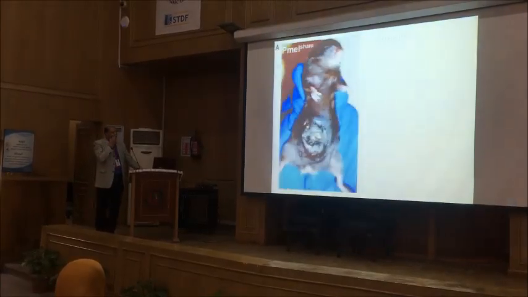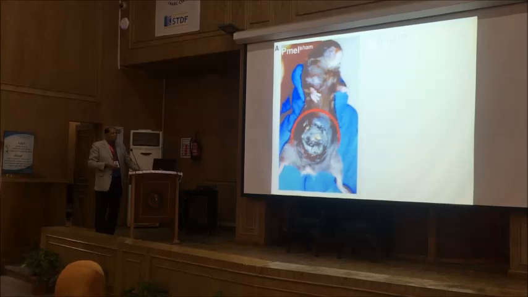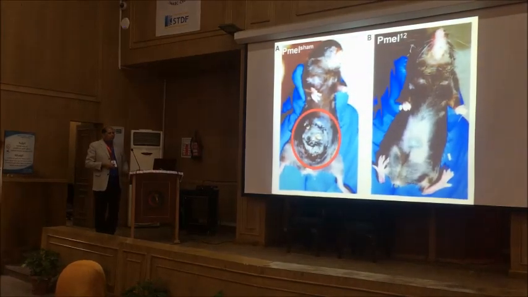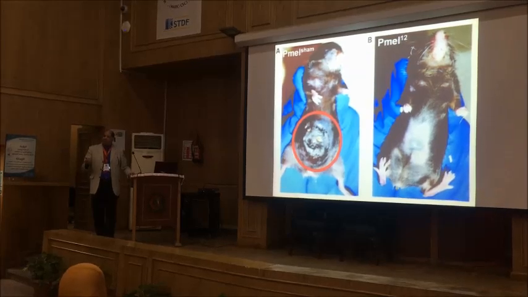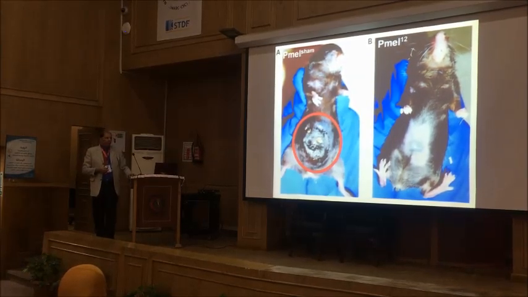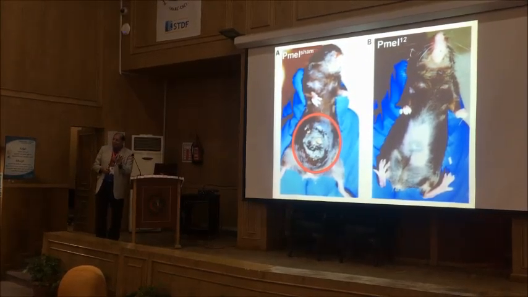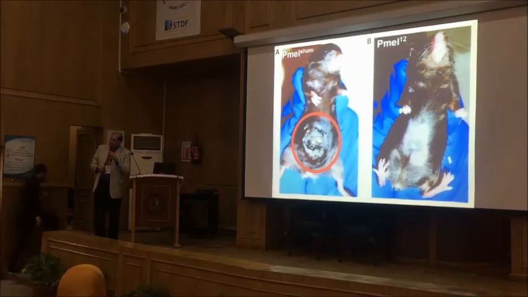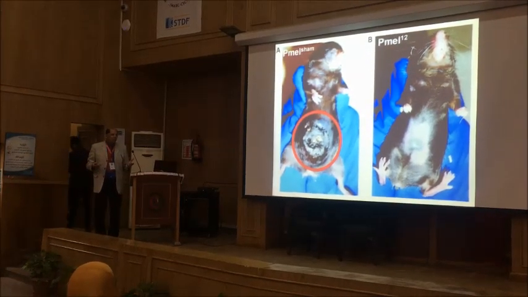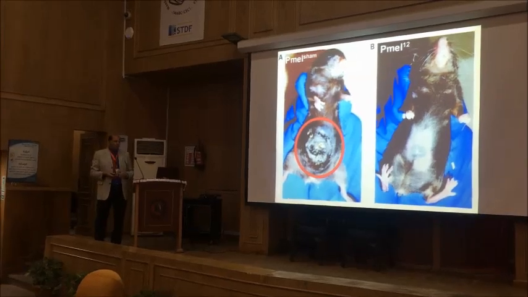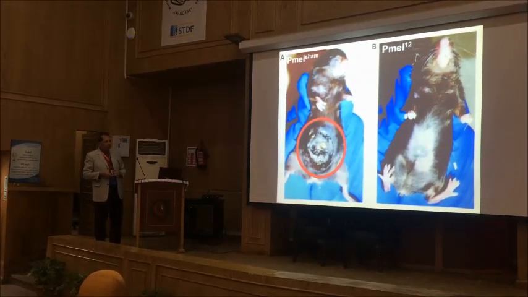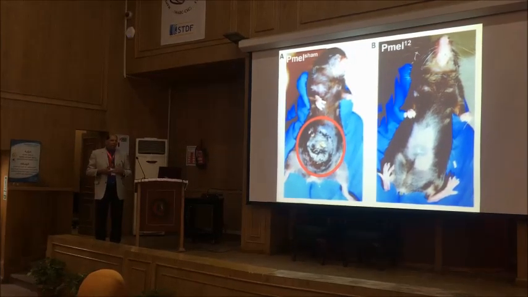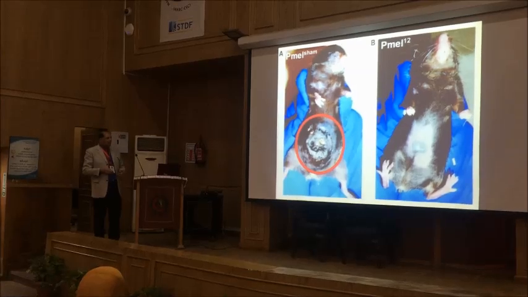This is just representative data, because we use the B-mel model, and gp100 is expressed by melanocytes. So when you treat with these cells, you get vitiligo here because they recognize gp100. You get this white patch, an indication that the cells already moved into the tumor site and killed the tumor.